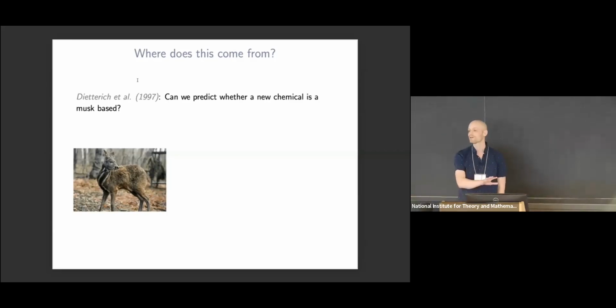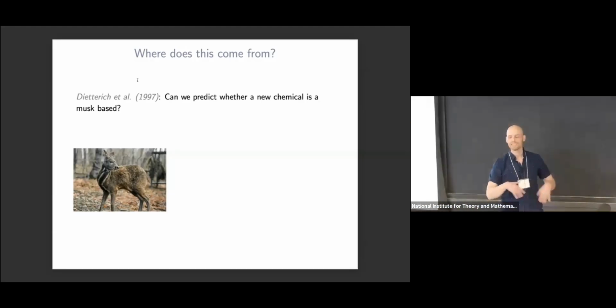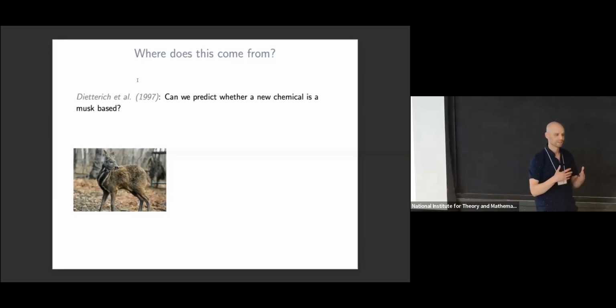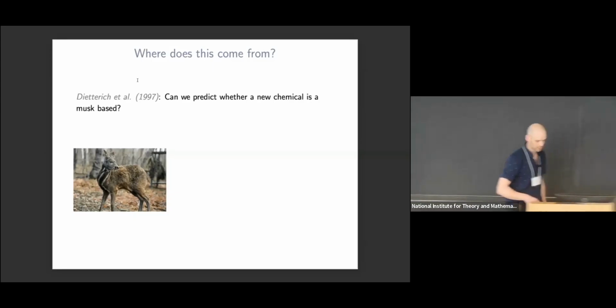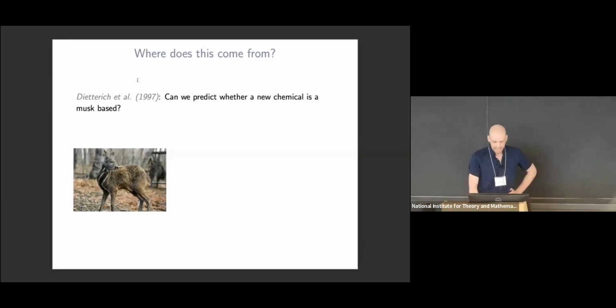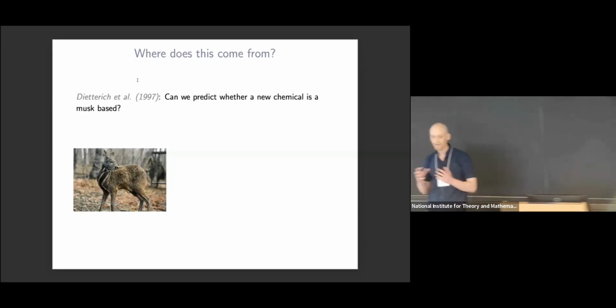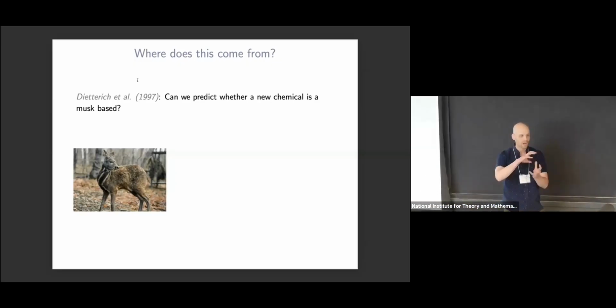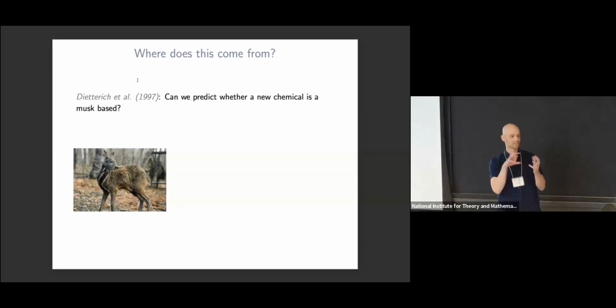I should say also that this group that studied this were actually trying to do drug discovery and went to this musk problem as an easier example, where the datasets were a little more controlled. Their thinking at the time was that whether something is going to be a good musk or not is about the 3D geometry of the chemical in space and whether it is binding to some receptor.